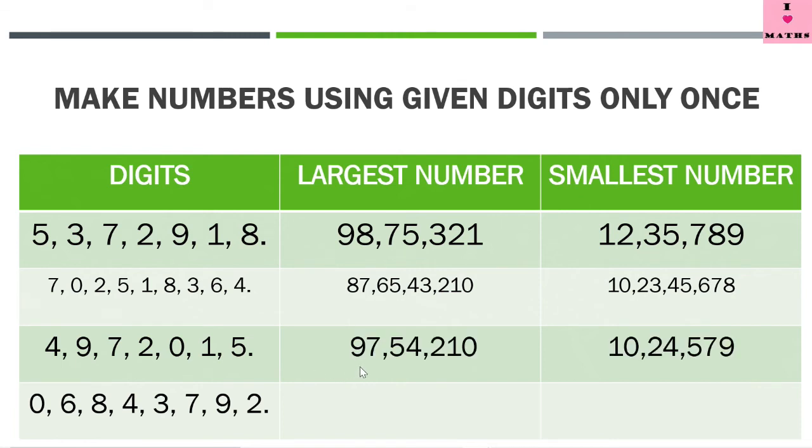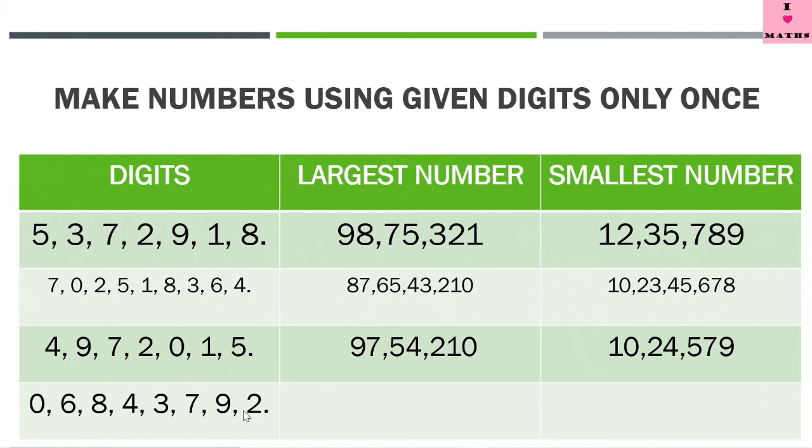Right, the largest number is 97 lakh 54,210 and the smallest number is 10 lakh 24,579. Here also, children, we have exchanged this 0 and this 1's place. We have exchanged them and we have included 0 in the number itself.